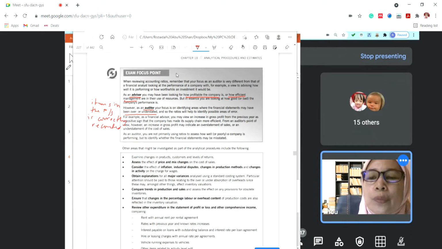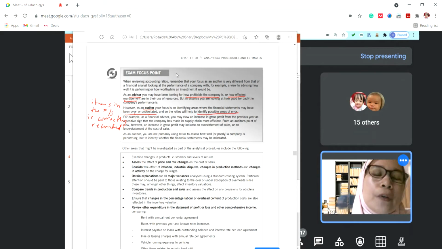This is what you are going to find out. So you have to check whether the amount is over or understated, so that the ratio will help to identify possible areas of errors. So that's why you perform the ratio analysis.